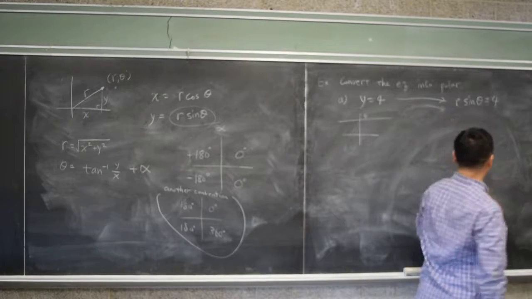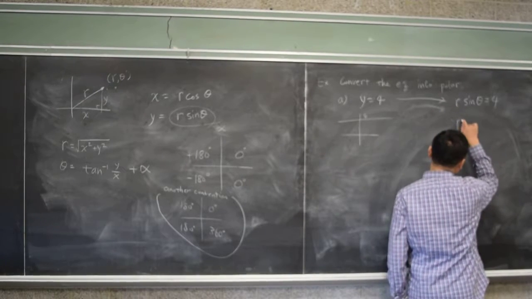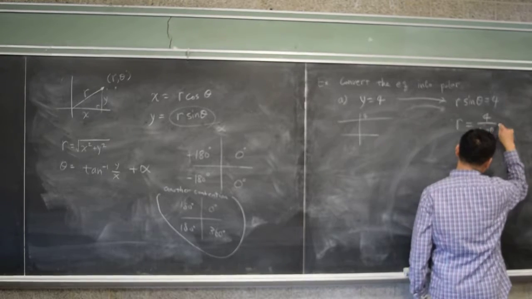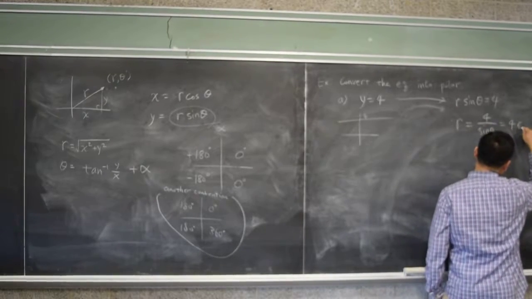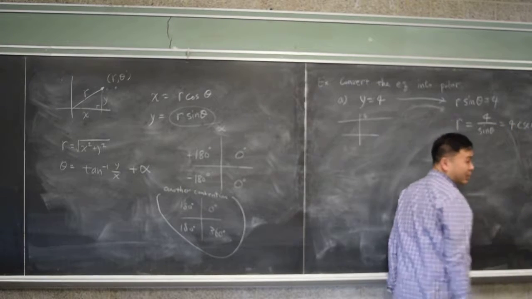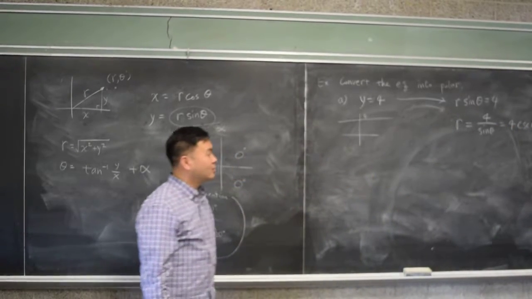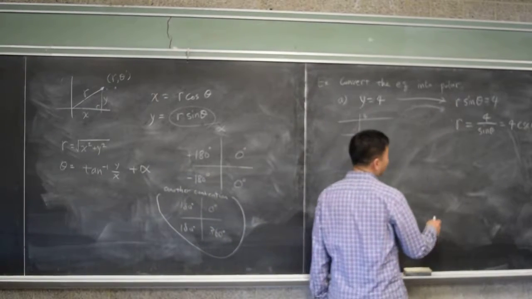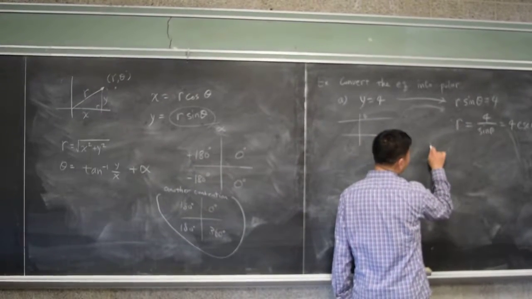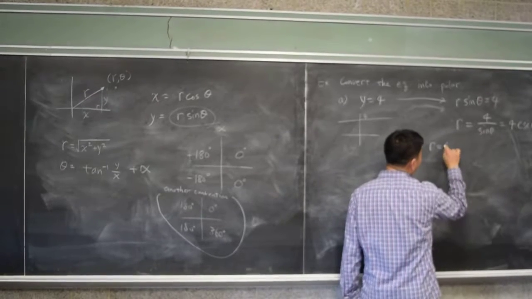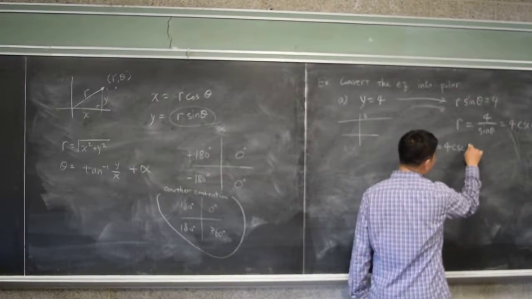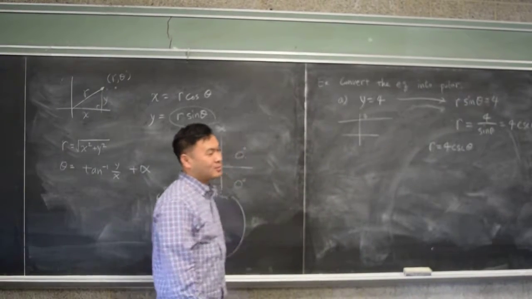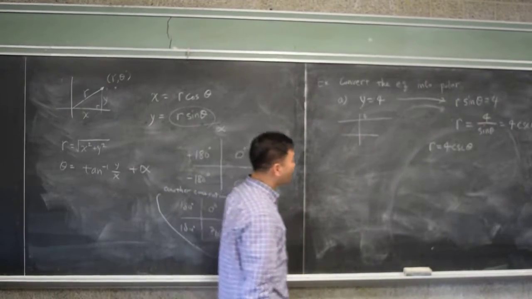So you want to do the same thing here. You want to solve for r and say r equals a function of theta. It's 4 cosecant theta, because 1 over sine is cosecant. So here's an interesting result. It's saying that if you were to plot r equals 4 times cosecant of theta, you actually get this line.